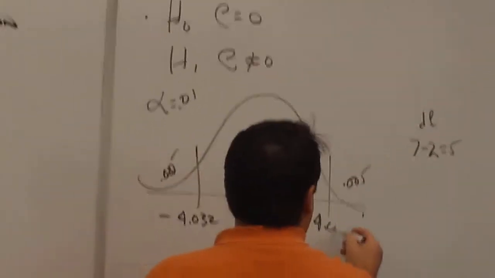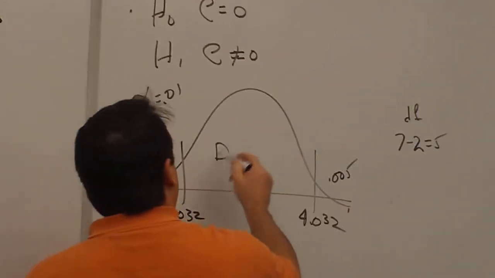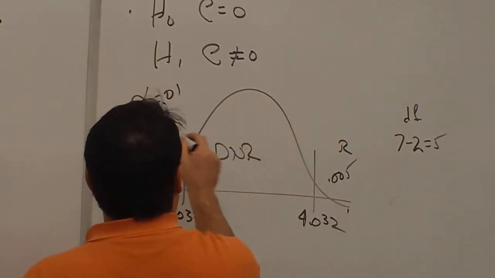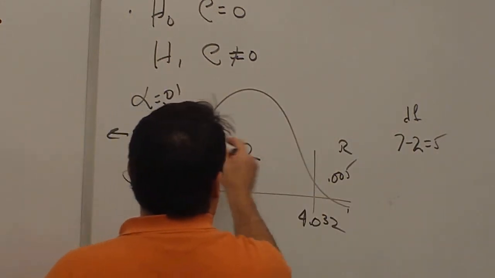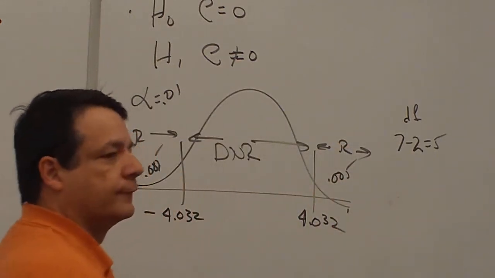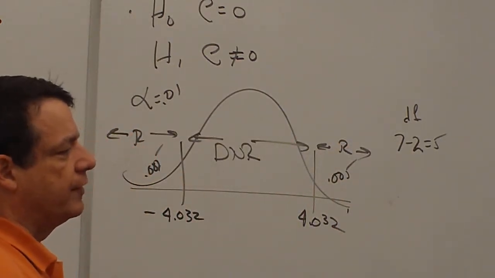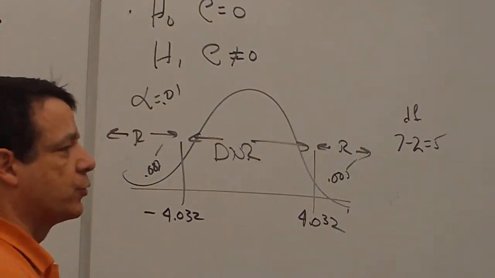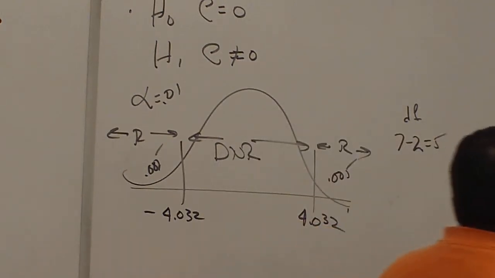This is positive 4.032. This is my do not reject region. This is my reject region. Okay? So now I have to compute the t-test statistic, right? And compare it, see which way to go. Test statistic's not so much fun.